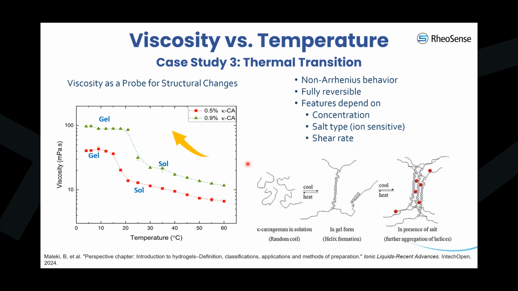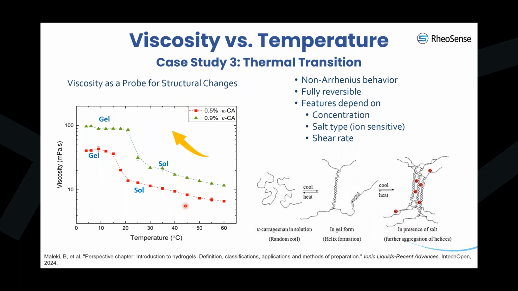What we are showing here is a graph of viscosity versus temperature for 2 concentrations of kappa-carrageenan. At high temperatures, this material is in the sol or liquid state, where the polymer chains are in a random coil conformation, and the viscosity is relatively low.